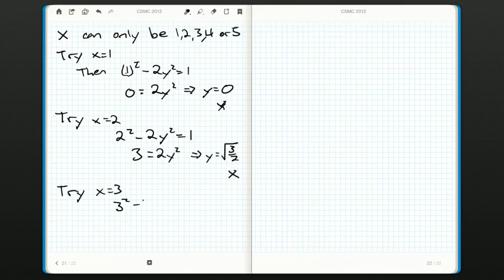So 3 squared minus 2y squared equals 1. So we rearrange, we get 9 minus 1, which is 8, equals 2y squared. So y squared is equal to 4, and that implies that y is equal to 2. Or minus 2, but we're really only looking for positive values of y.